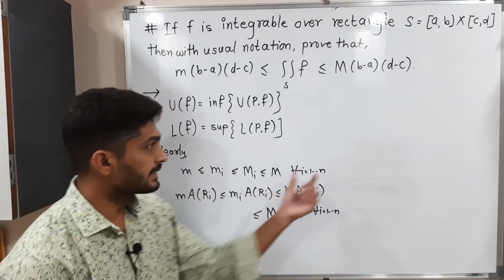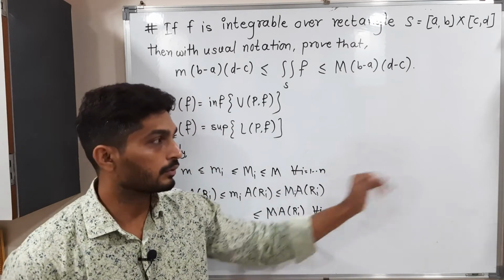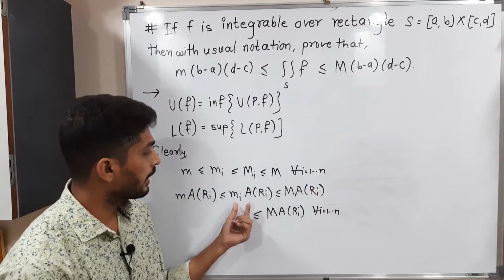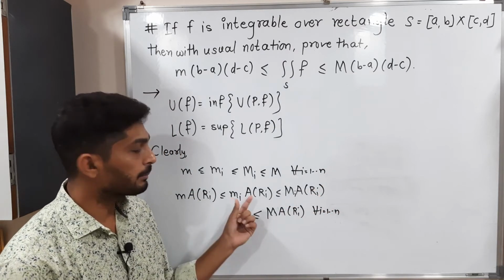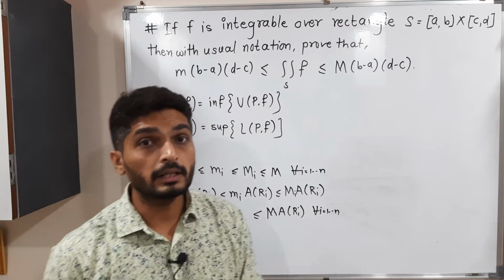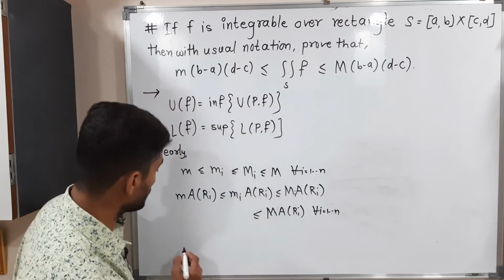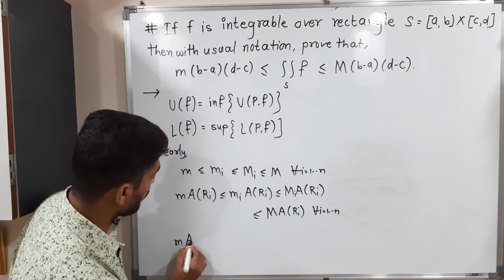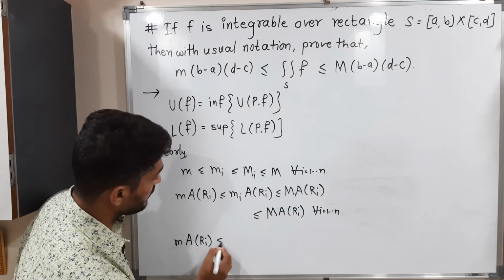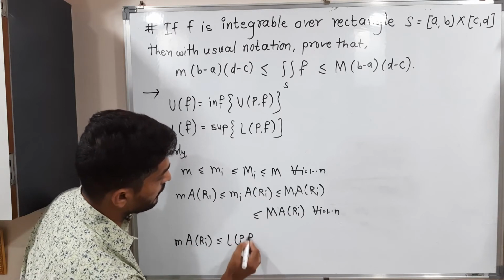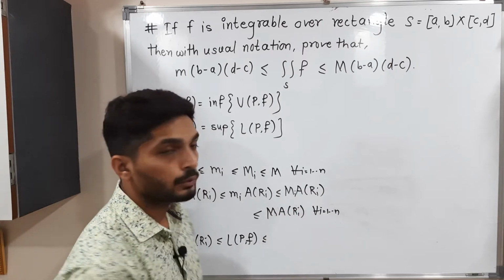As I have written here before, small mi into area of Ri is nothing but LPF, correct? So this is small m into area of Ri, less than or equal to this LPF, and capital Mi into area of Ri.